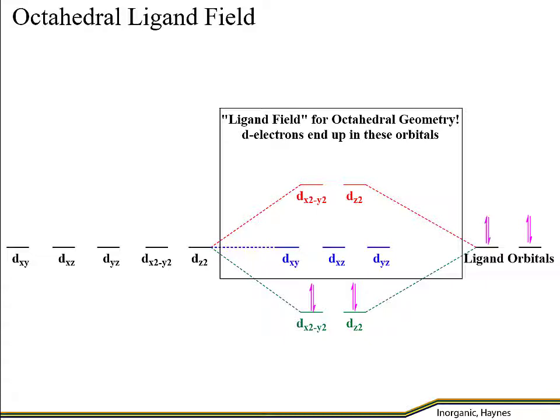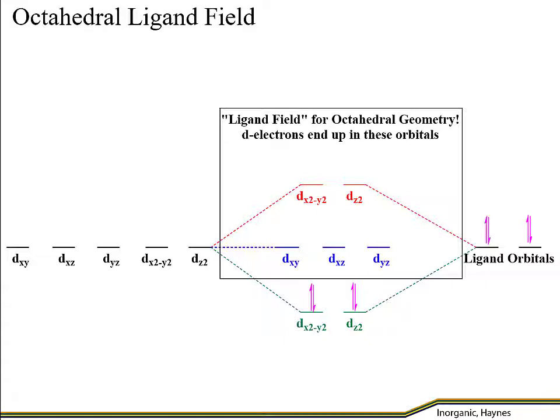In this case, this is the ligand field for the octahedral geometry. And what we labeled initially as d electrons when we were doing our electron counting actually go into these orbitals. We've seen this a time or two on our first quiz, and on our first midterm, we had questions that used fields that looked kind of like this or were variations of an octahedral geometry.